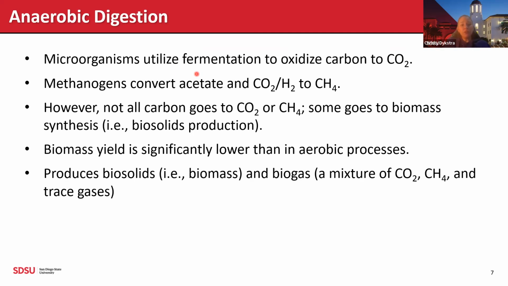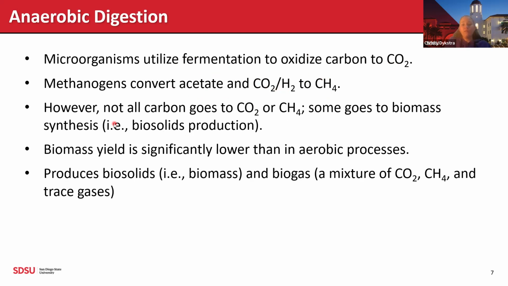And so these microbes use fermentation to oxidize the carbon to CO2. They can do other things like converting acetate, which is an intermediate product, into CO2 and hydrogen and into methane itself.